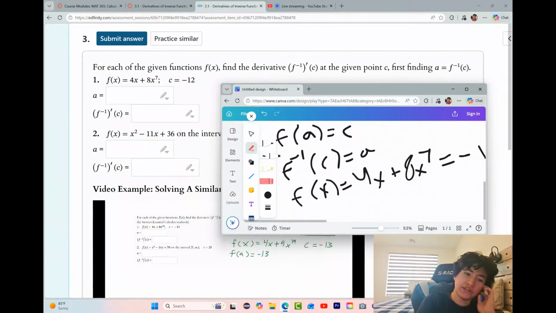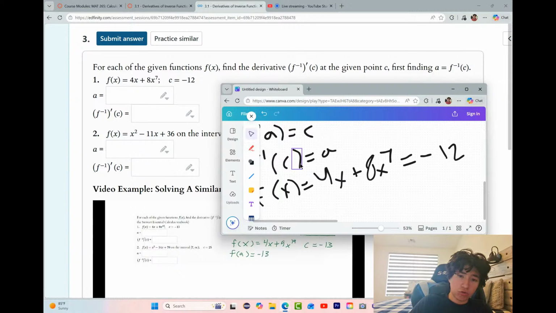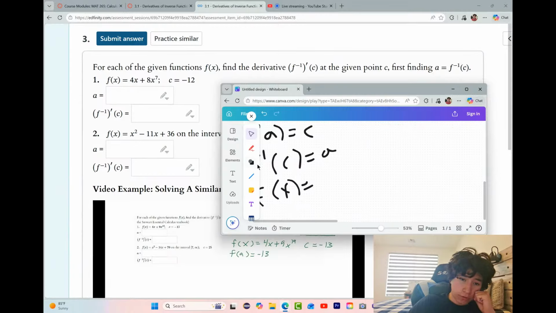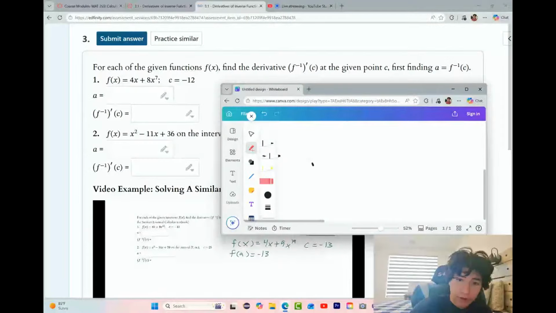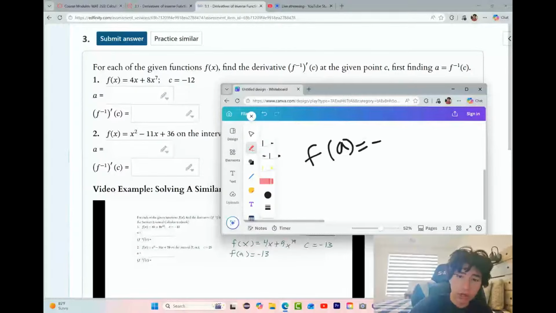Oh no, I see. Yeah, they never claimed that the function is equal to negative 12. What we do know though is that f of a should equal negative 12.